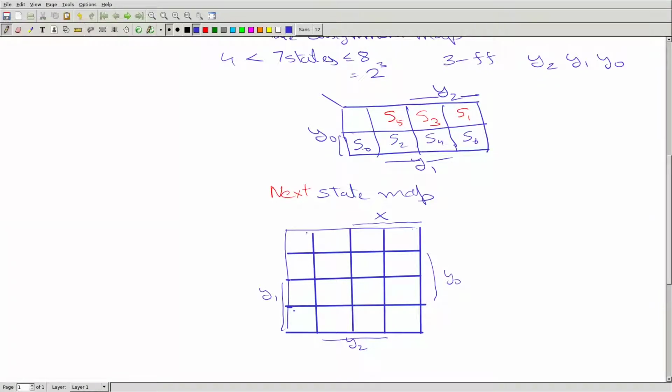And so this state assignment map leads to a state encoding. We can read off the state encoding from here. So this is 0, 1, 2, 3, 4, 5, 6, 7. And we have S0, Y2, Y1, Y0.